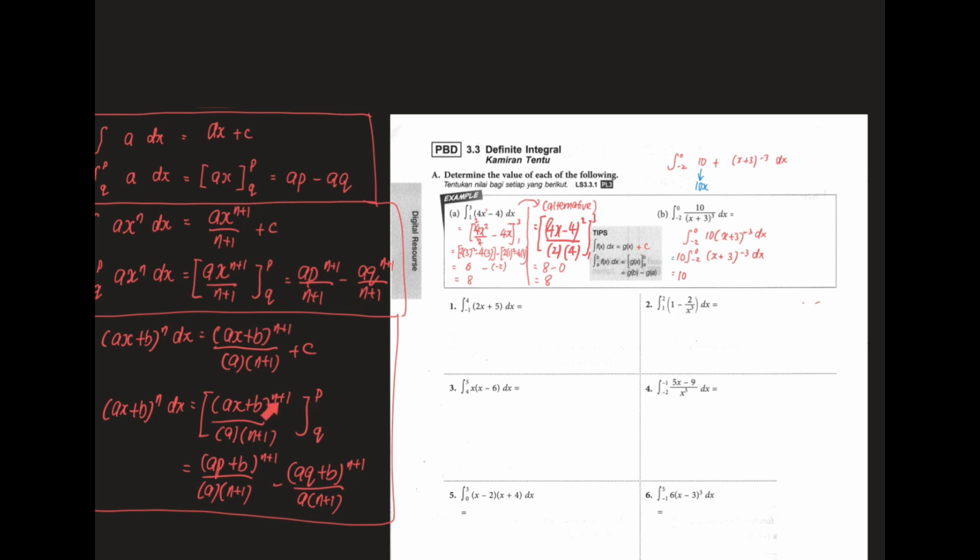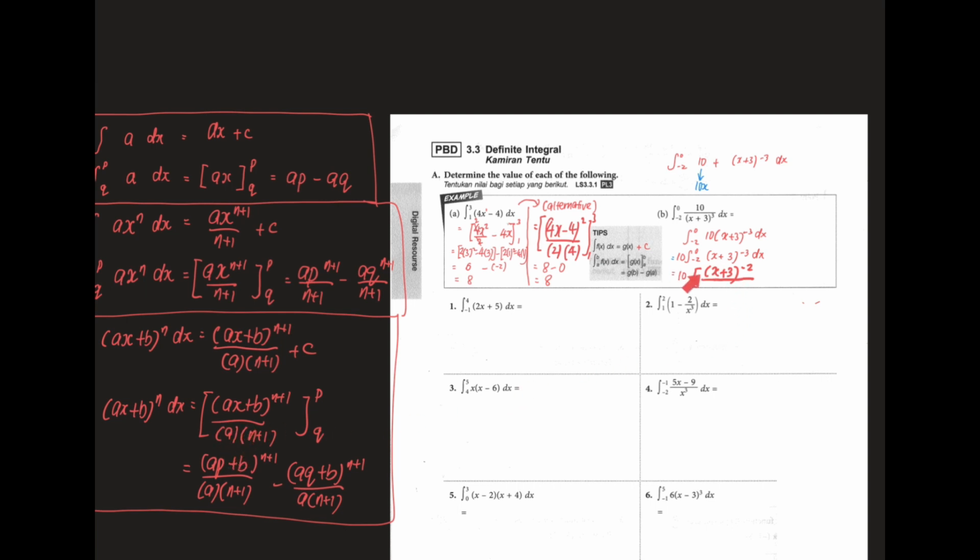The power has to increase by 1 unit. So which means we are going to have (x plus 3) to the power of negative 2, divided by two numbers. The first one is the a, the coefficient of x. The second one is the n plus 1, the new power.